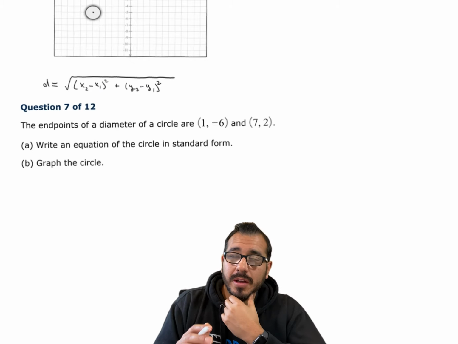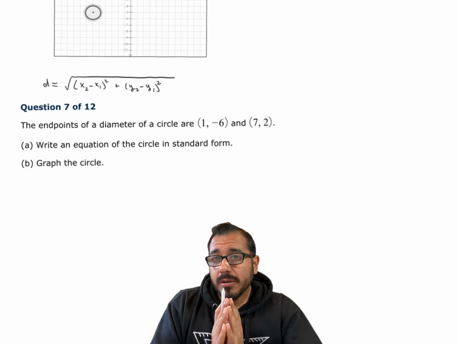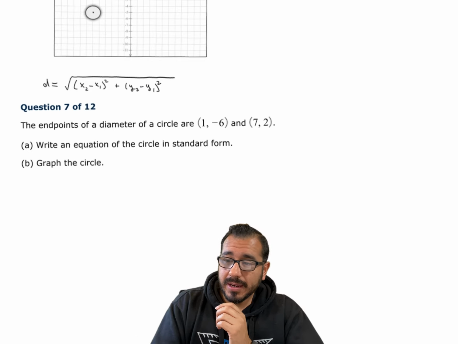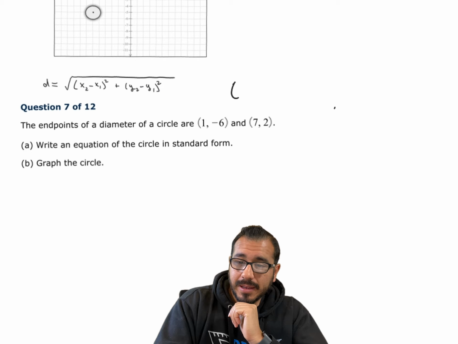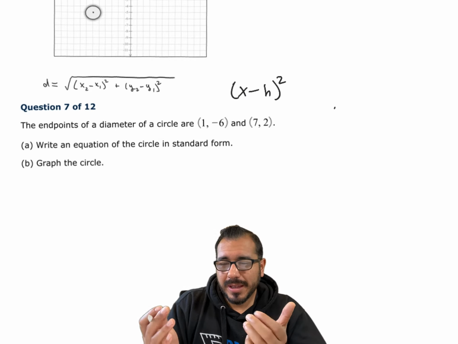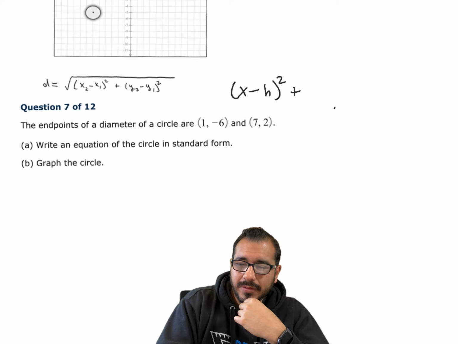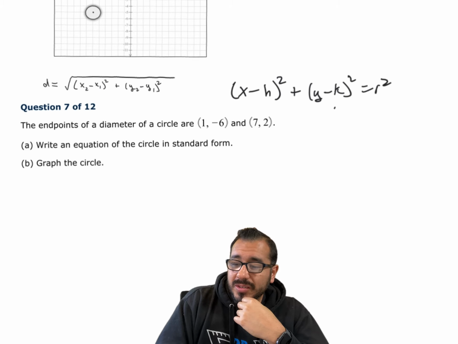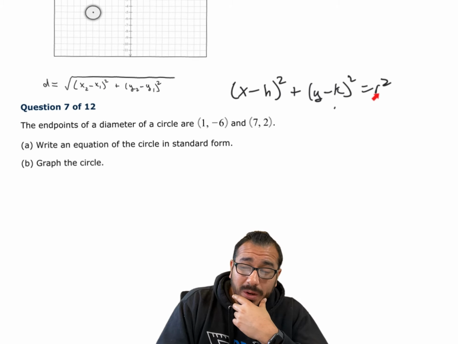But we know for our standard form of the circle, right? Let's write it down so you don't forget. And again, you write it down over and over until you don't need to. So x minus h squared, and h is just a variable that someone picked. You don't have to use h, you can use whatever you want, right? And then y minus k squared equals r squared. So notice our equation says we need to know the radius, right?